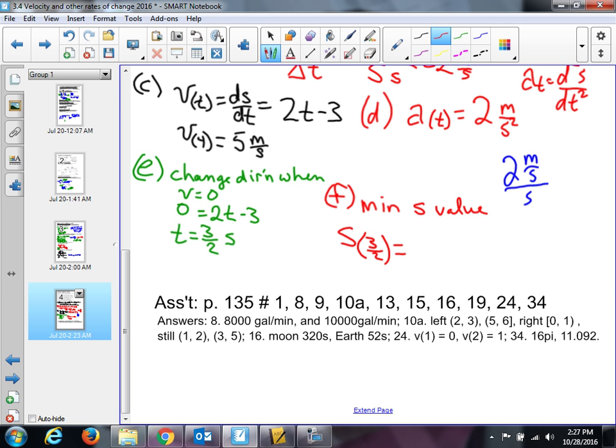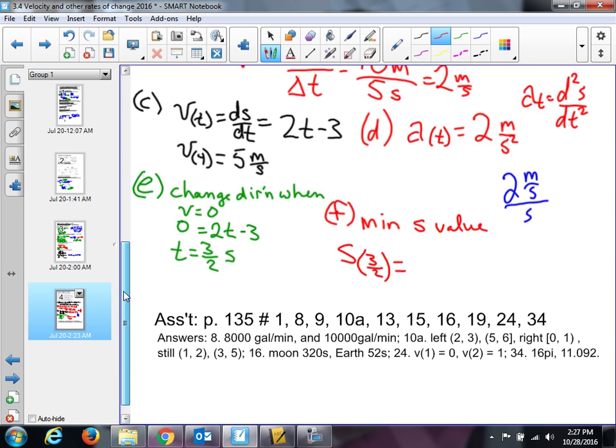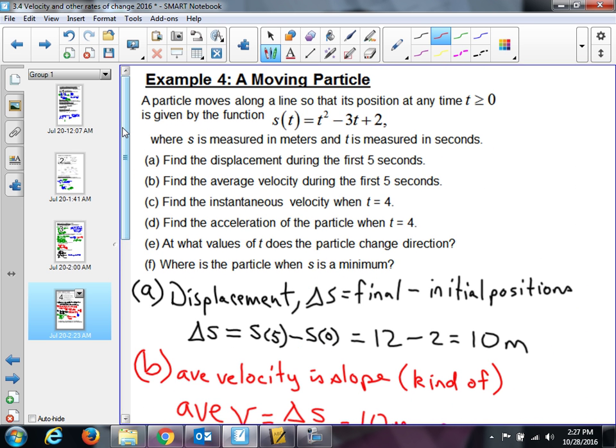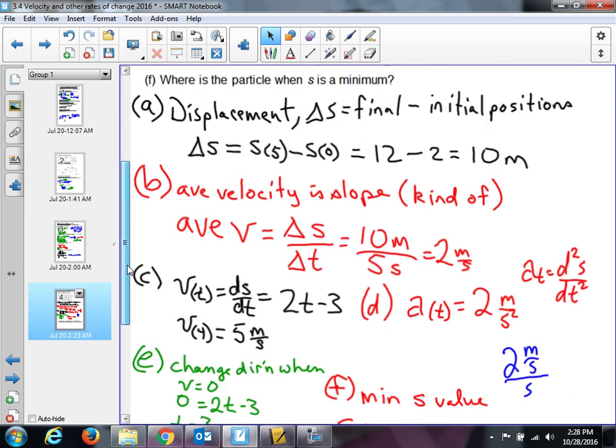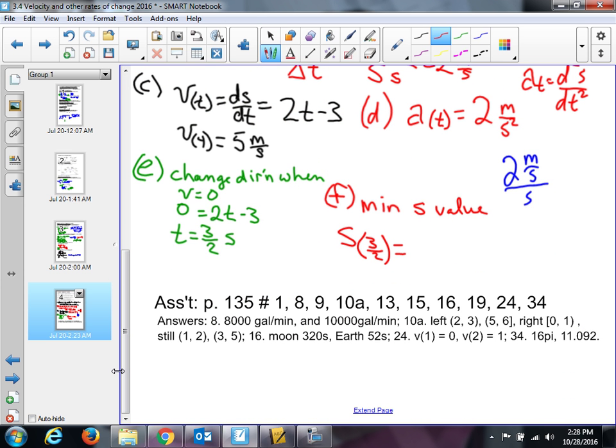You can use a calculator if you wish, but 3/2 squared is 9/4. Good gravy, why am I doing this? But 9/4 minus 3 times 3/2, which is 9/2, plus 2.